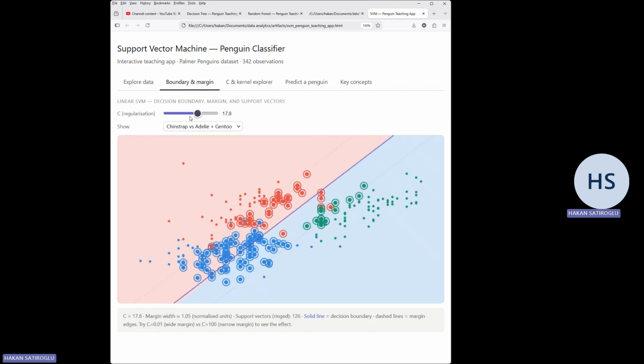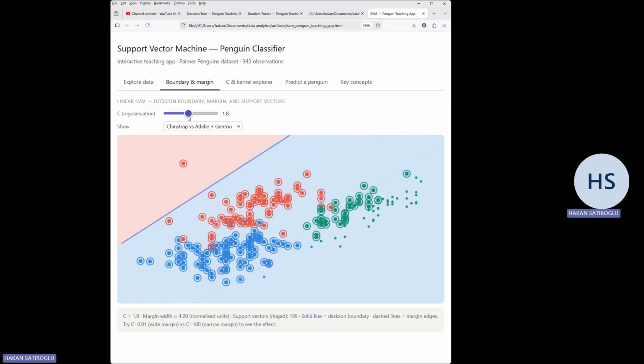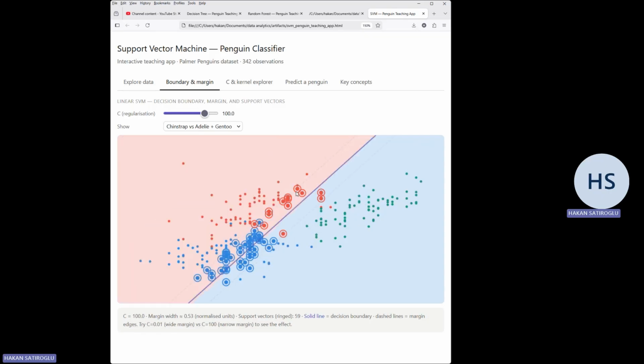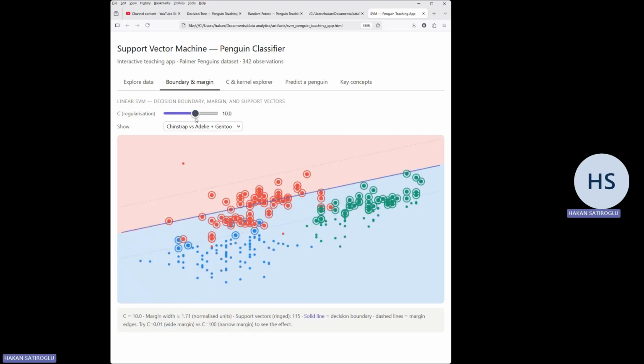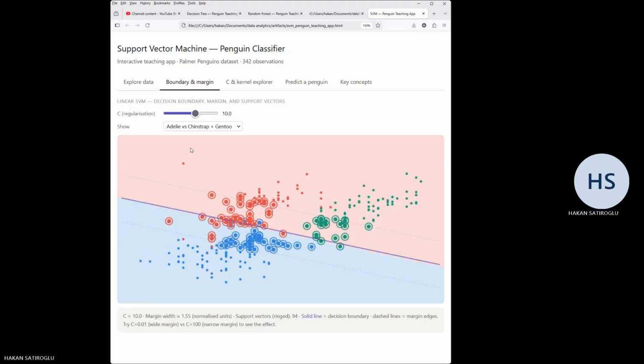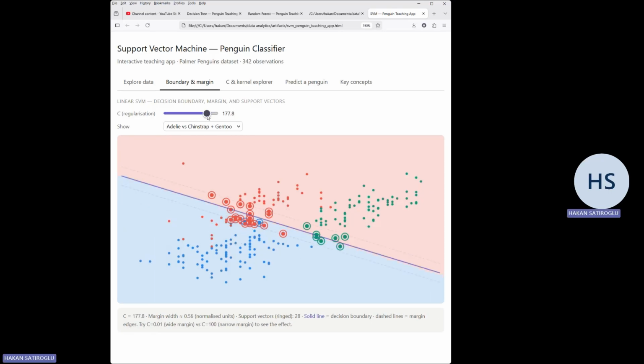As you change the regularization, because this is just an intro, the dashed lines and clear solid lines become larger as you move down and up, and that screen keeps changing. Also, you can change your SVM according to two different species, as you can see.